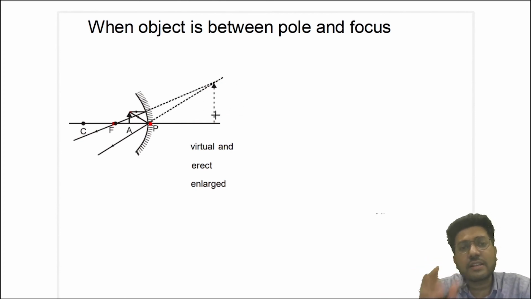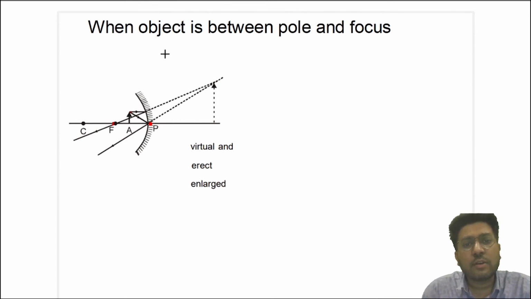That means a concave mirror can form virtual image in only one case, that is when the object is between pole and focus and this image is enlarged. A concave mirror cannot form diminished virtual image for real objects, right? And for virtual object there is only one case in a concave mirror, that is when object is anywhere between pole and infinity behind. Behind means virtual.